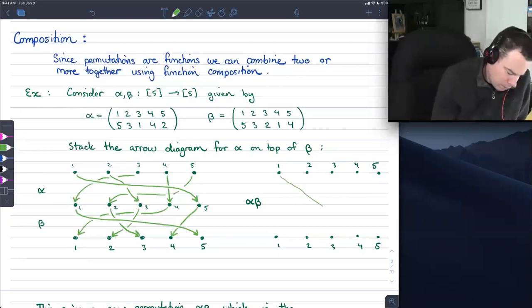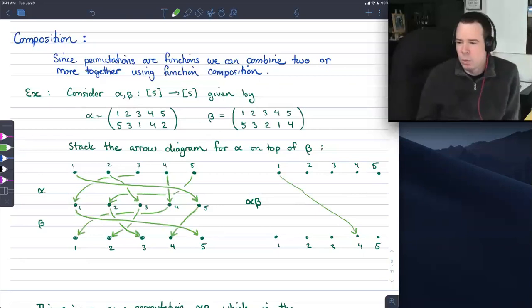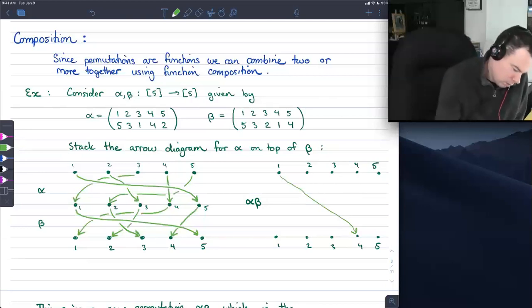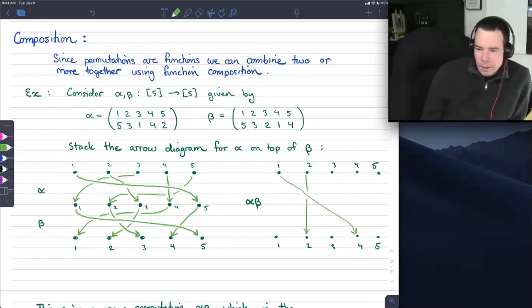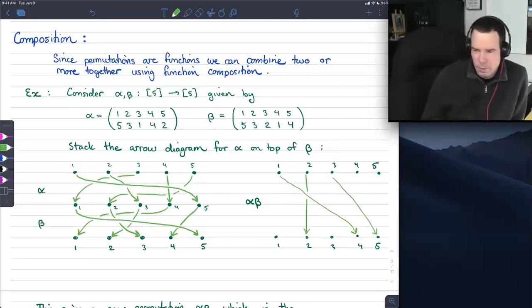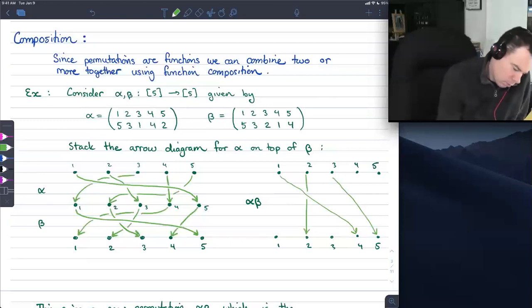So what happens in the end is 1 goes to 4. And then we just do that for the rest. 2 goes to 3, and then to 2. So 2 will end up landing back at itself. 3 goes to 1, which then ends up going to 5. So 3 goes to 5. 4 goes to 4, which goes to 1. So 4 goes to 1.